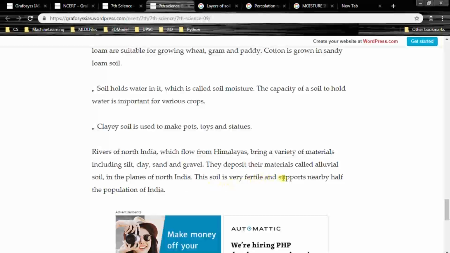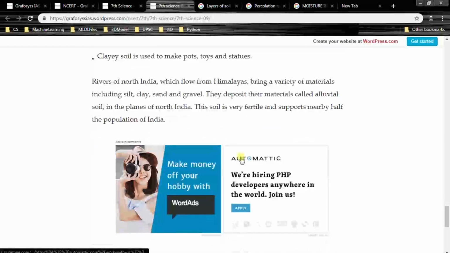This soil is very fertile and supports nearly half the population of India. Right, these rivers bring a variety of materials including silt, clay and sand. Right, so this is the end of the chapter. Thank you.